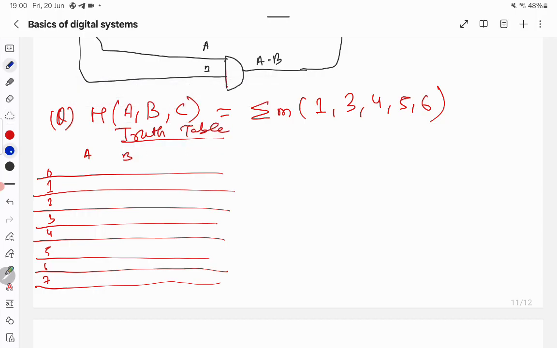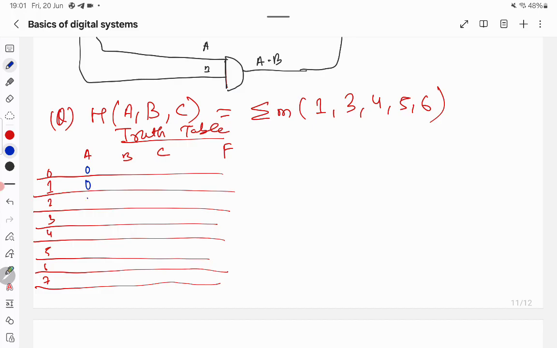Here you will write C, and this is the output F. As I said, 8 digits are there, so for this one you write 4 zeros, 4 ones blindly, then again 2 zeros, 2 ones, so again 0 1, 0 1, 0 1, 0 1.